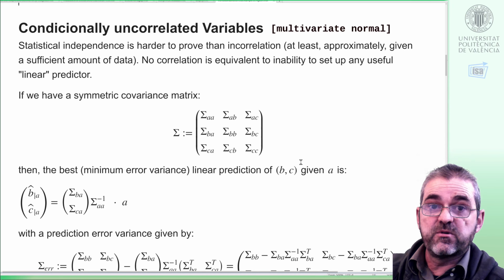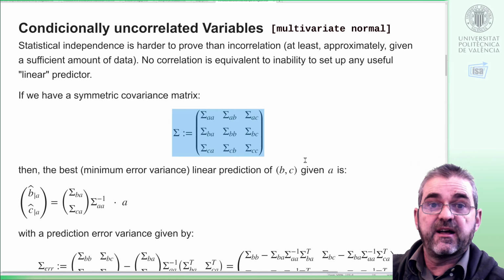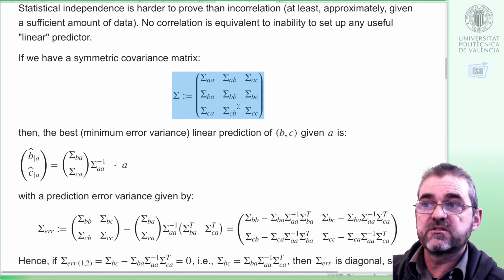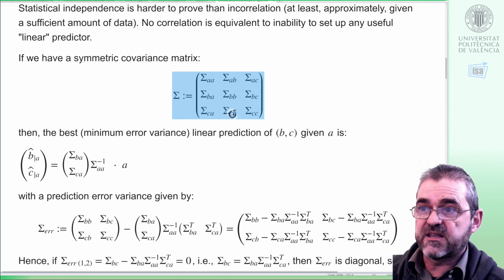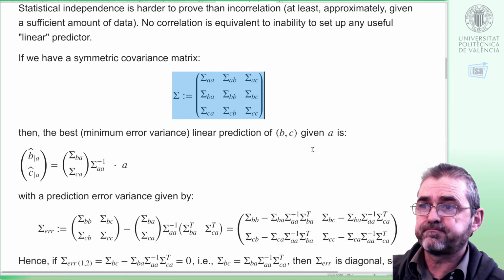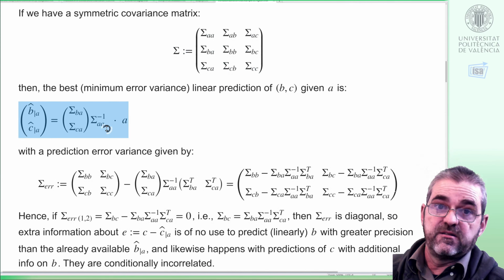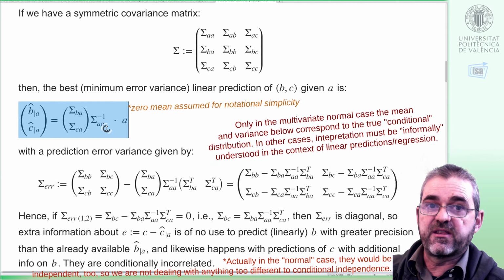So let us explore how the concept of conditional independence applies when we are just discussing linear predictions and conditional uncorrelation. As it is a relationship between three random variables, we have a covariance matrix 3 by 3 like this. This is the expression of the best linear prediction, in the sense that the prediction error has lowest variance.